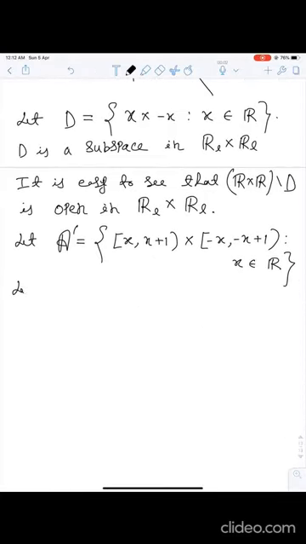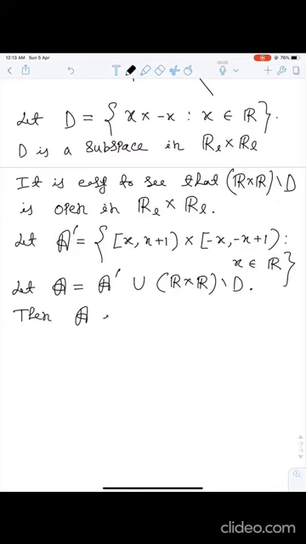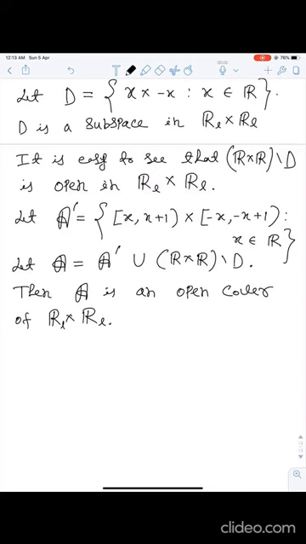Now let the open cover A be A dash union R cross R minus D. Then obviously A is an open cover of R cross R. You can write RL cross RL if we want to specify the topology.